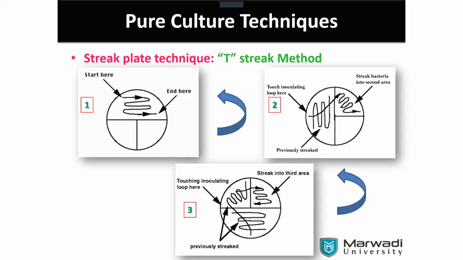In the first step, streaking is done. In the second, what the other people are doing is that they are not going to rub. In the first leg I have made a line, and the second line I have closed. When the first is completed, I have sterilized my loop and I will touch the last time.